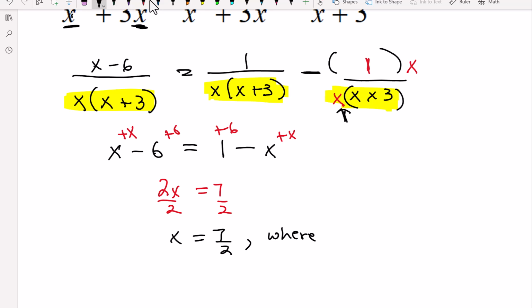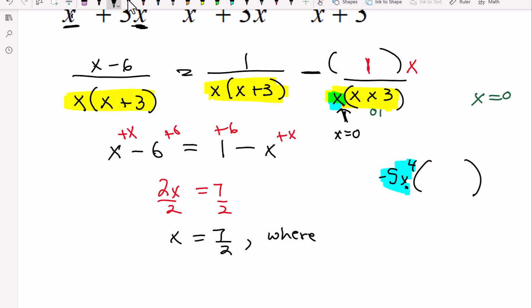Remember what I've said before, anytime you have an x on the outside of parentheses, that x will always equal 0. So you could have negative 5x to the 4th. This thing right here, what forces this, here's another way to think about it. Set the outside thing equal to 0. So in this case, x is equal to 0.